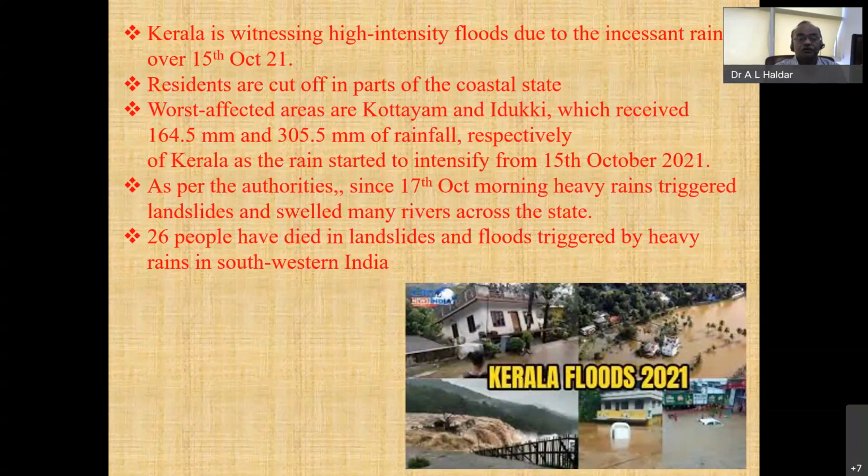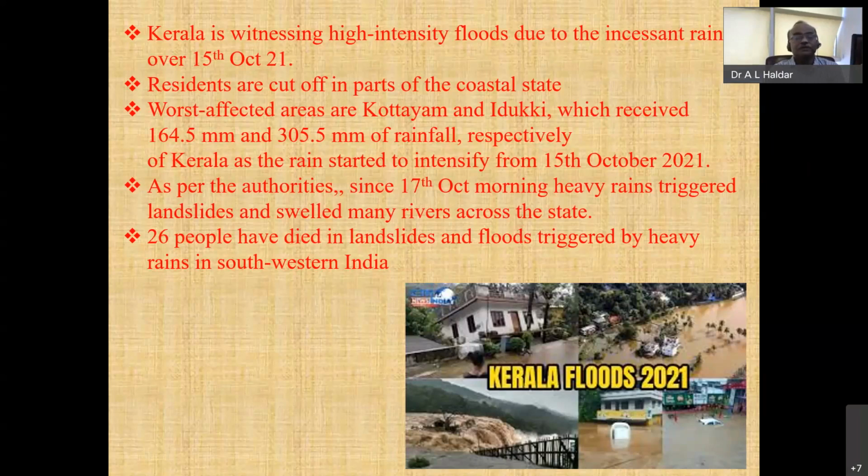In this month, on October 15, 2021, incessant rain was there. Residents were cut off from various parts of the coastal state. The worst affected areas were Kottayam and Idukki, which received in one day 164 millimeter and 305 millimeter respectively.